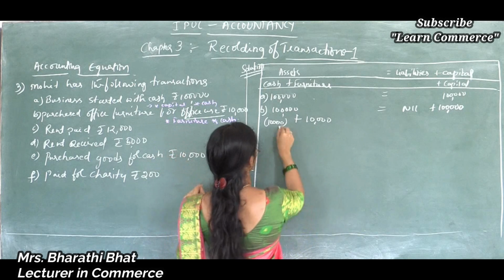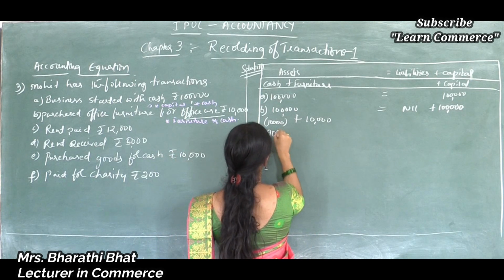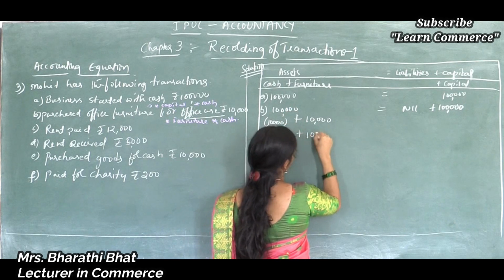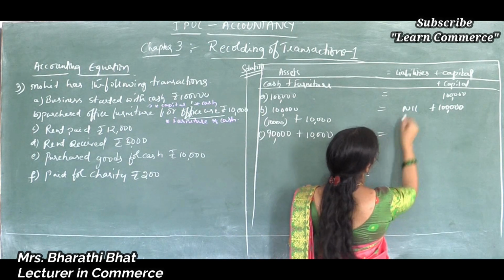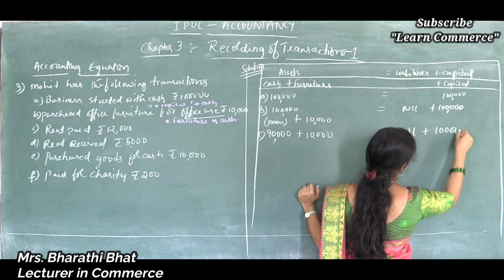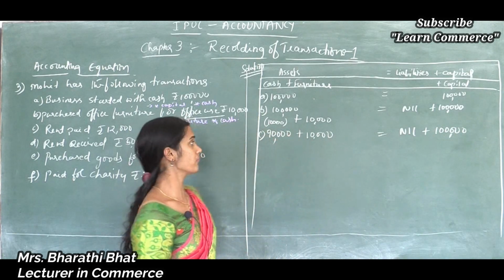Mohit had paid 10,000. So cash 1 lakh minus 10,000, 90,000, plus furniture 10,000. In this transaction, there is no effect on liabilities and capital, so nil plus 1 lakh as it is.